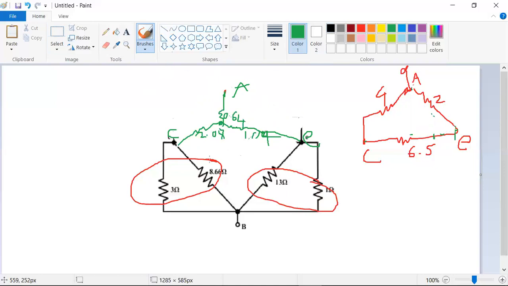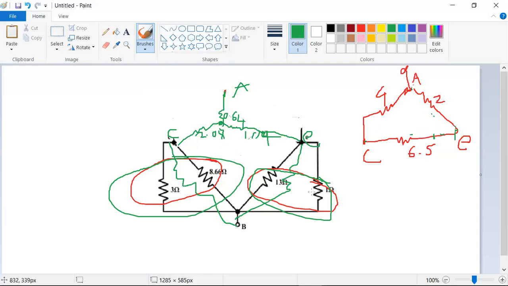Now please summarize this circuit. After redrawing the circuit, you can easily apply series and parallel directly, because if you observe, these look parallel and the rest of the circuit looks series. After this series, and this is also series, hence the complete circuit is series.